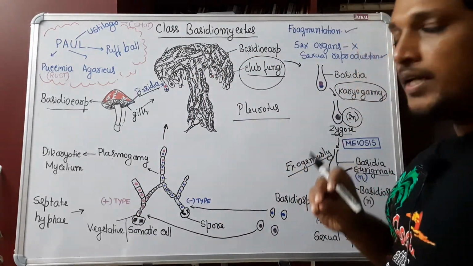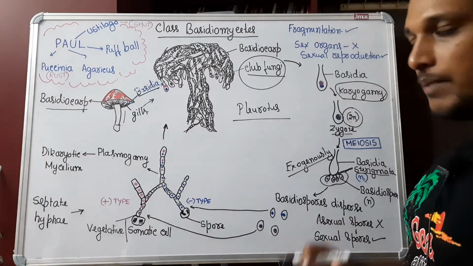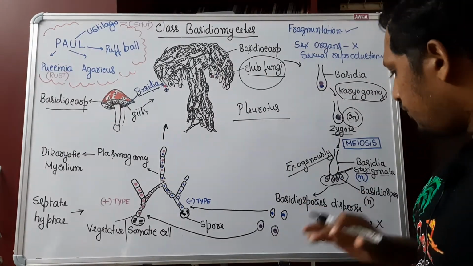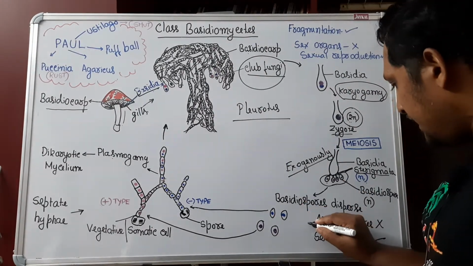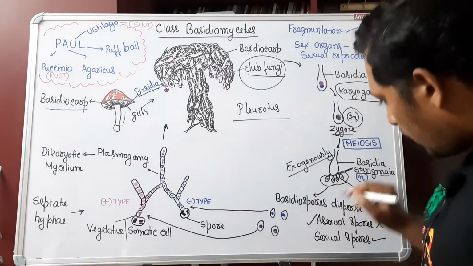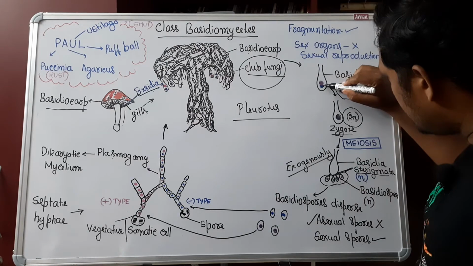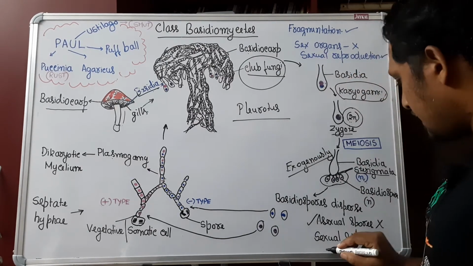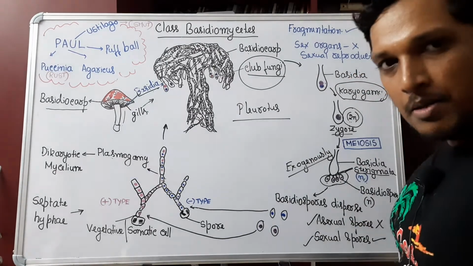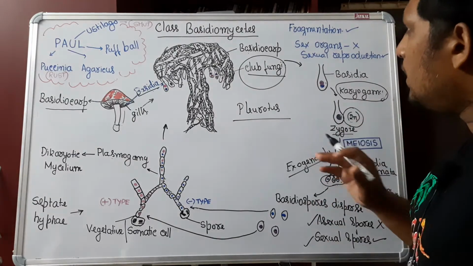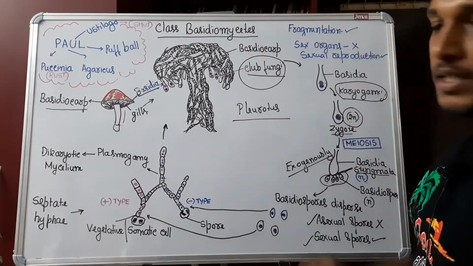What is important here is their reproduction. In this fungus, you don't find any asexual spores. Whatever spores are produced are known as basidiospores. They are the result of fusion of nuclei, hence sexual spores are present. What about sex organs?